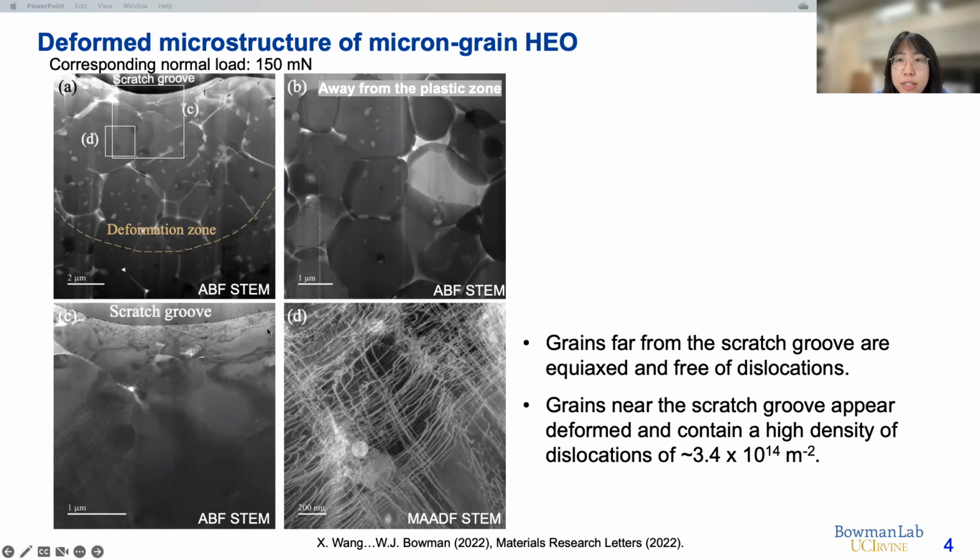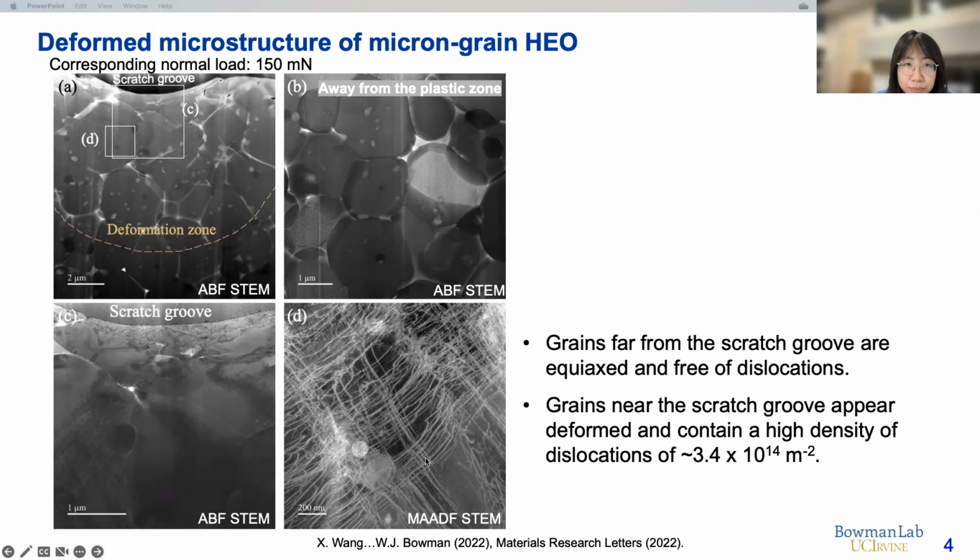However, in contrast, near the scratch groove, in the grains within this plastic deformation zone, the dark field and bright field TEM images show a very high density of dislocations formed near the scratch groove. This result is surprising, and it indicates that HEO has potential for very significant dislocation-based ductility, as well as strain hardening.